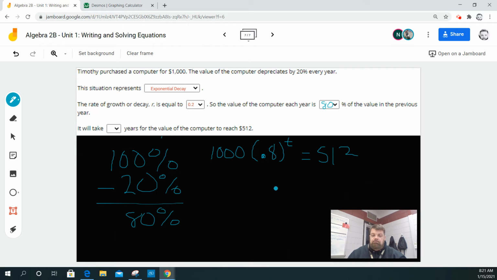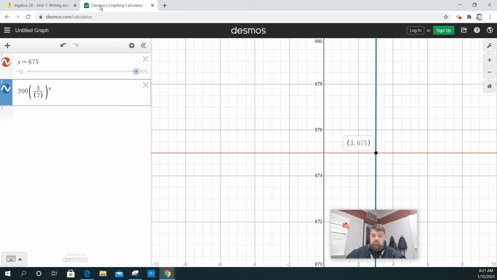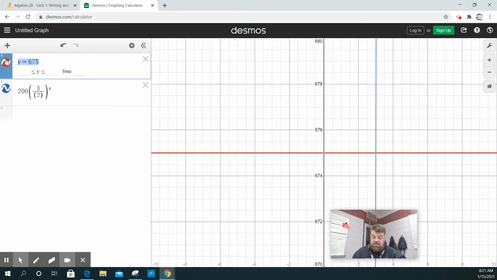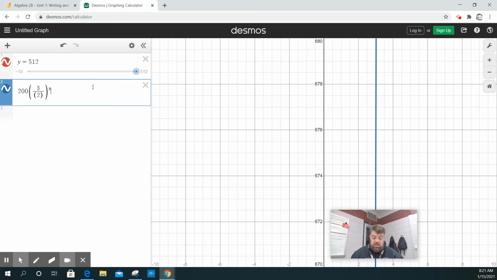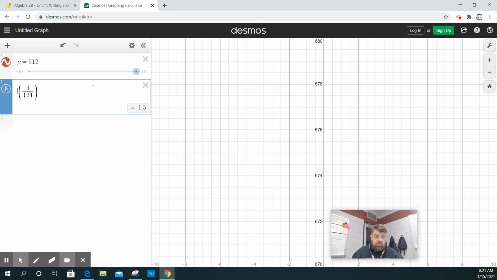I'm just going to graph that real quick. So I'm going to take the left-hand side, y equals 512. And then the initial value is 1,000.